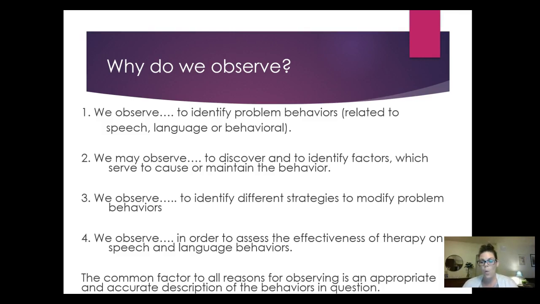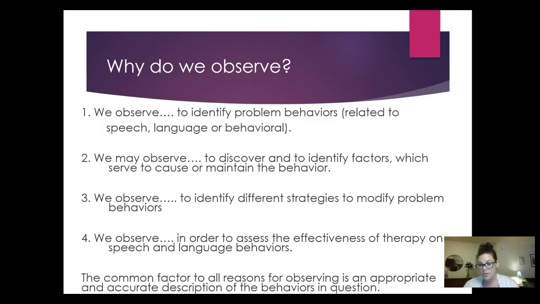So I'm looking at where are their strengths and where are their weaknesses. Let's say it's an 18-month-old, they only have 2 words, mama and uh-oh. Okay, so their problem behaviors are going to be related to language.